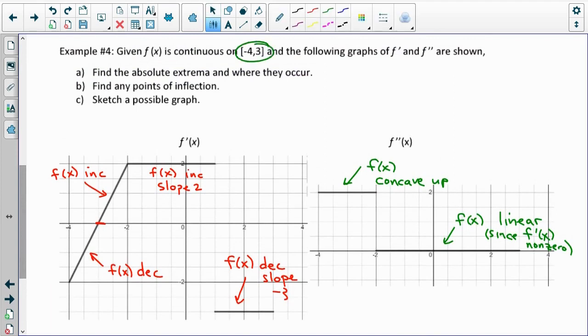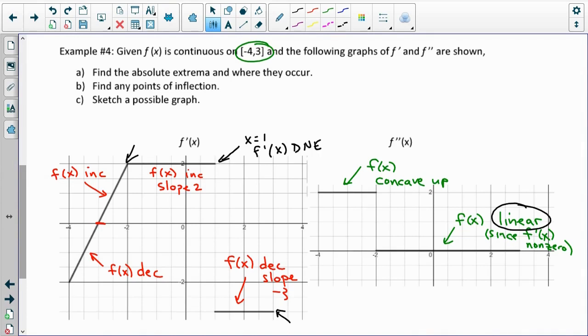Then if I look at f double prime, it's concave up from -4 to -2 and linear from -2 until 3. And I know it's linear and not constant because f prime is non-zero from here until here. And so since f prime is non-zero, I do have a does not exist for f prime at x equals 1.